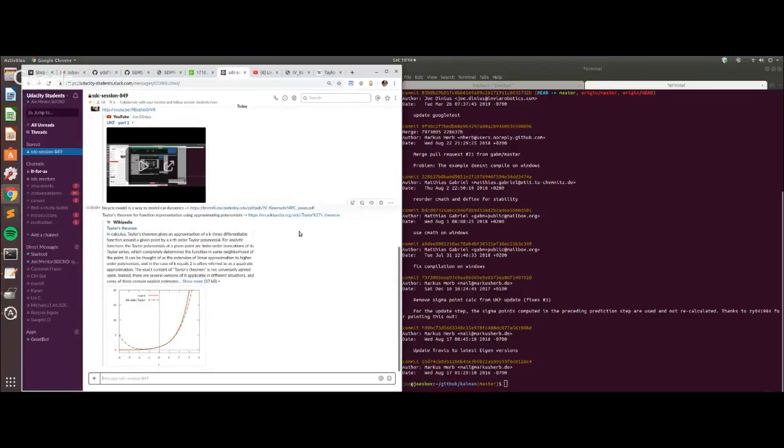Root mean squared error in this case is just how close your state estimate is to the actual true state. You look at the difference between what you guess and truth, and you square that term. That's the squared error, and then you take the square root of the mean of that. That's the root mean squared.